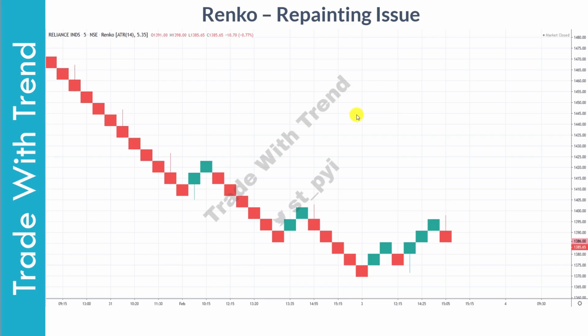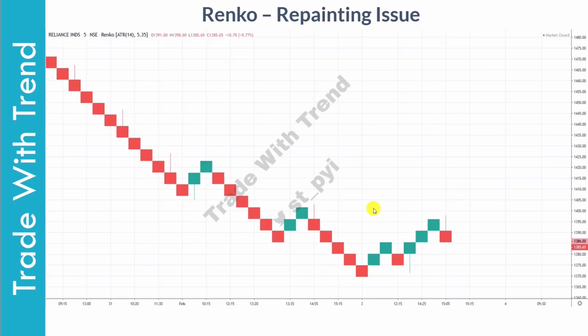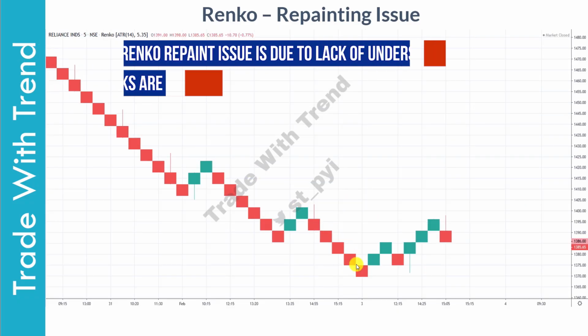Now this mainly happens when you're using the ATR method to plot the Renko chart, and let me explain what this is. Now this Renko chart that you see is very different from this Renko chart that is plotted here. And if you pause the video and go back, both these charts are of the same price range.